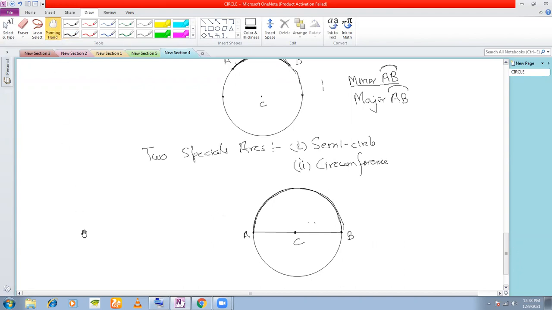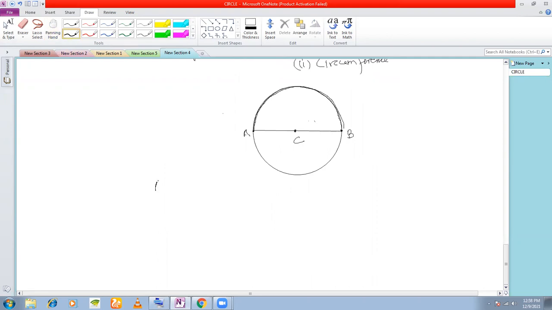So what we write here is arc AB is equal to half the total perimeter. This we call as the semicircle. Definition of semicircle clear?